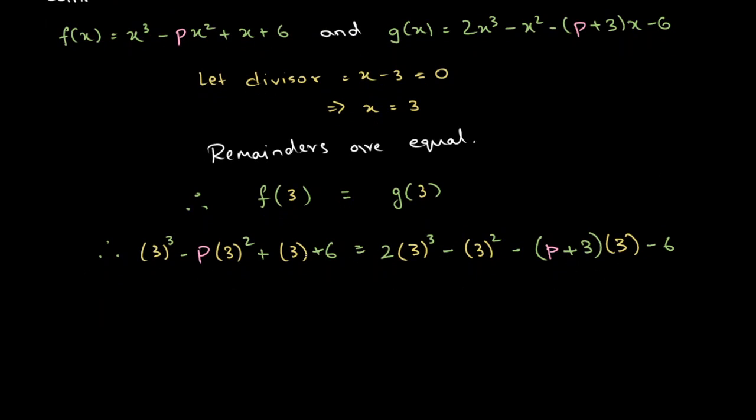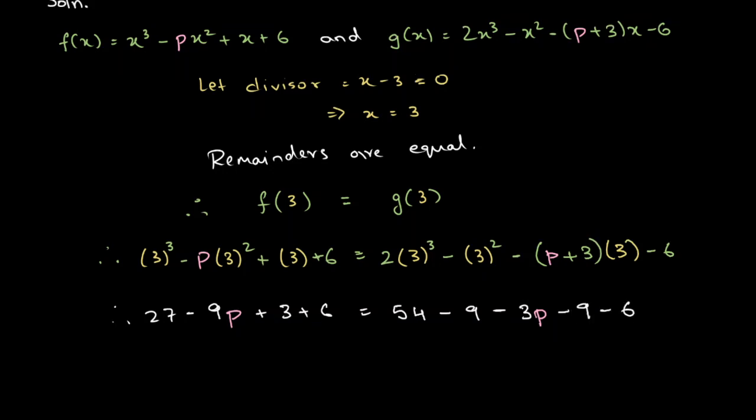If I solve this equation, I should get the value of p, so let's do just that. 3 cubed is 27, minus p into 3 squared, which is 9p, plus 3 plus 6, is equal to 2 into 3 cubed, 27 into 2 is 54, minus 3 squared, which is 9, minus 3p, minus 3 into 3 which gives minus 9, and minus 6 at the end.